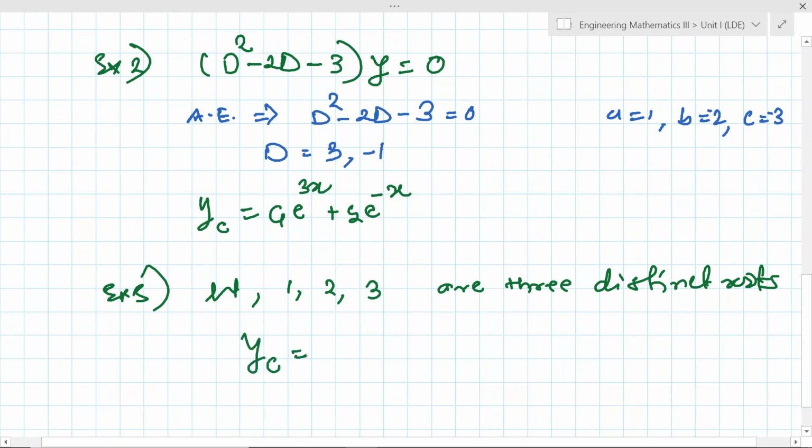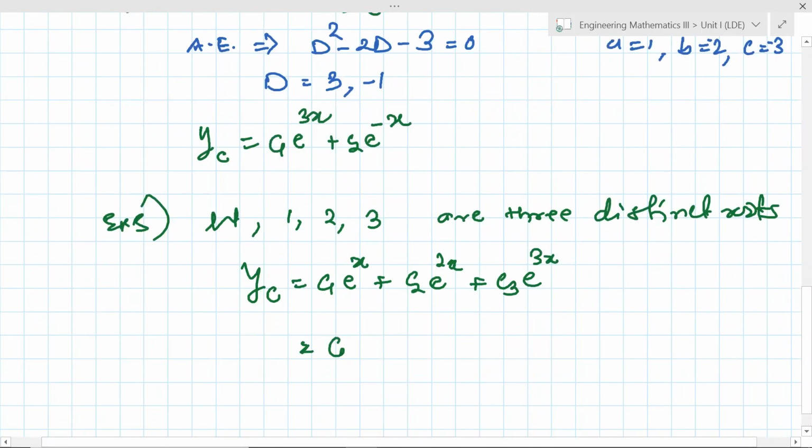So yc is equal to c1 e raised to x plus c2 e raised to 2x plus c3 e raised to 3x. See, order doesn't matter. One can write this as c1 e raised to 2x plus c2 e raised to x plus c3 e raised to 3x. So don't pay attention to order.